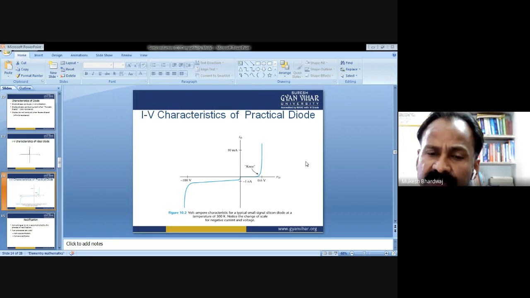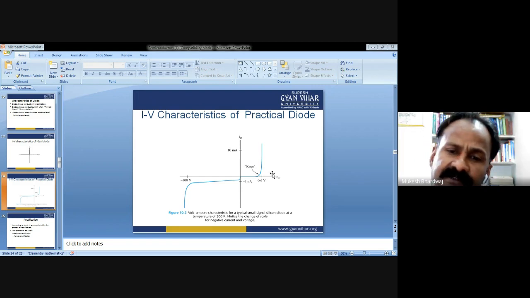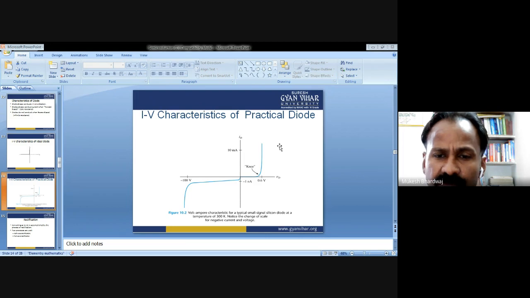Till the cut-in voltage, the diode does not start conducting in the forward bias case, but after the cut-in voltage, that is after crossing the depletion width, the current starts increasing exponentially and increases to its maximum as you increase the voltage.